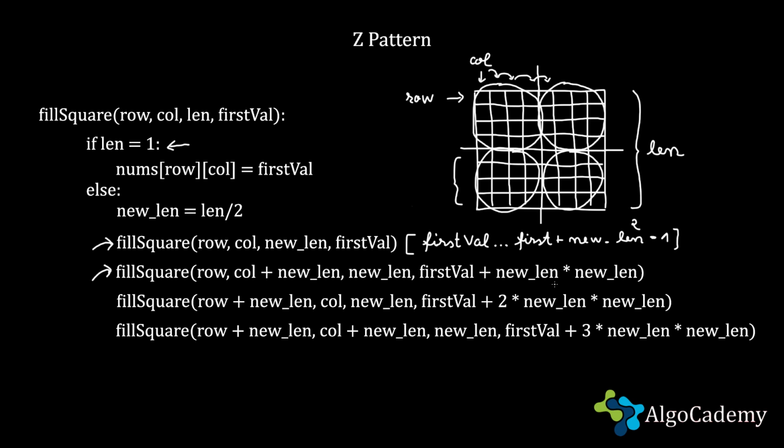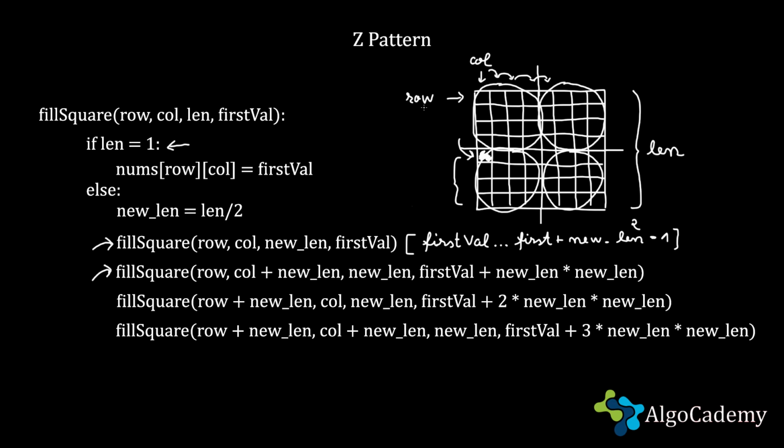Then, if we take a look at the third quadrant, let's see, what is the upper left corner here? It will be, of course, this one, right here. So this one, if I was to fill it, that's the upper left corner. Now, as you can see, the column is indeed col, but the row is not the same anymore.